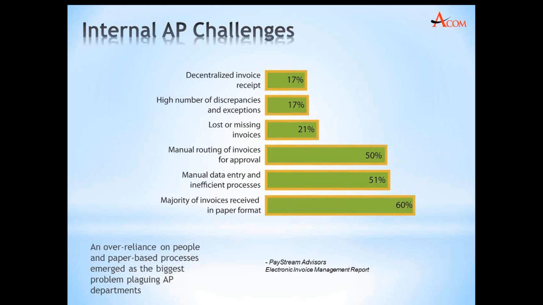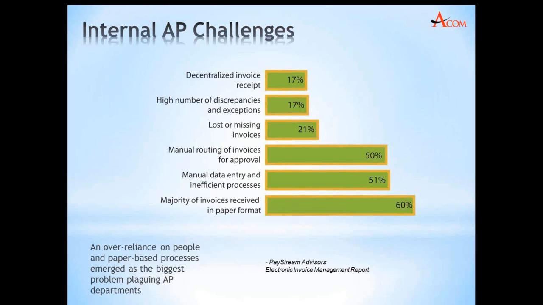So there are a lot of manual processes involved. And finally, the whole routing, because this is a manual paper-based solution, invoices have to be routed around, and there is a lack of cohesiveness in how that invoice gets routed around. So these are the challenges that the internal departments are facing when they are trying to find a way to improve the AP process.